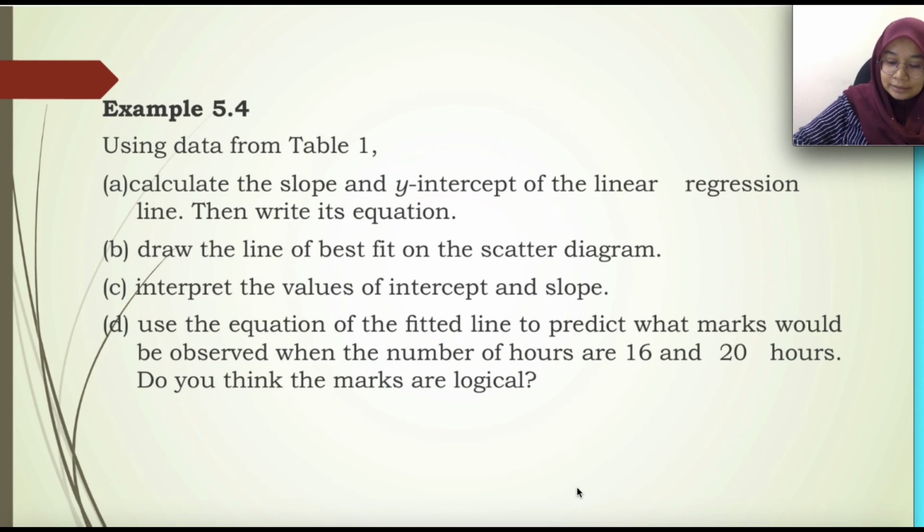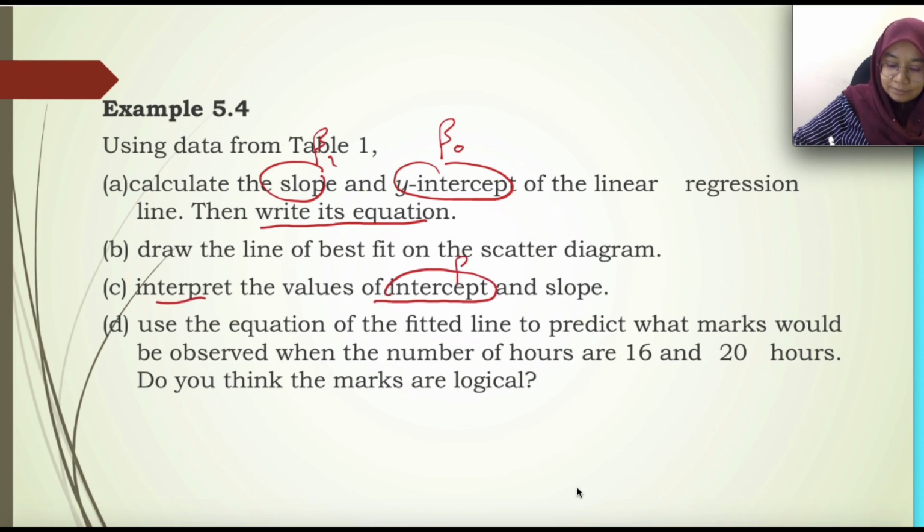Calculate the slope and the y-intercept, which means calculate beta naught and beta 1. Slope is beta 1, y-intercept is beta naught. And then write its equation. And then interpret the values of intercept, beta naught and beta 1.